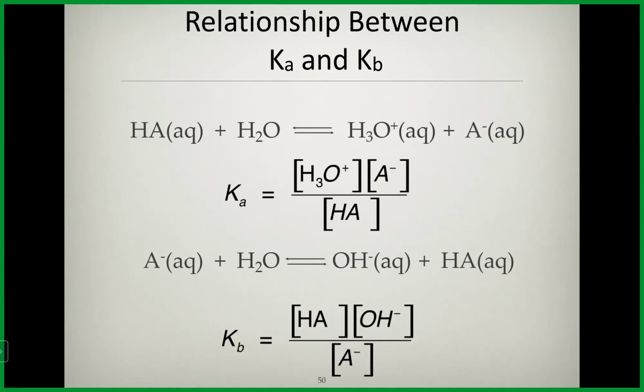But like I said, we can use these acid and base dissociation constants to relate them to one another. If we look at the reactions we have here, HA and A minus are just going to be a conjugate acid-base pair. HA is going to be the acid, A minus is going to be the base.